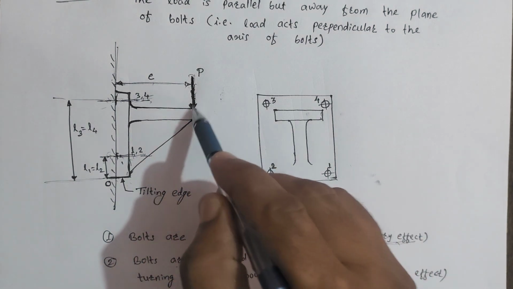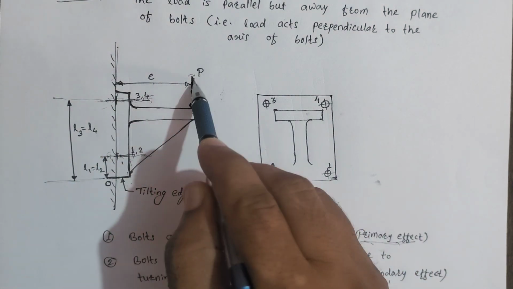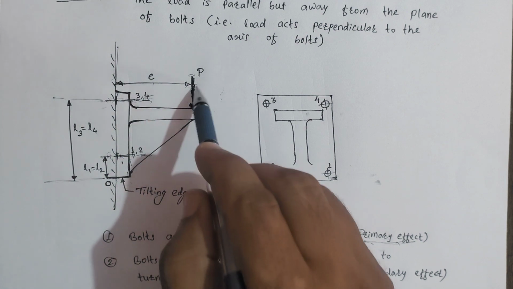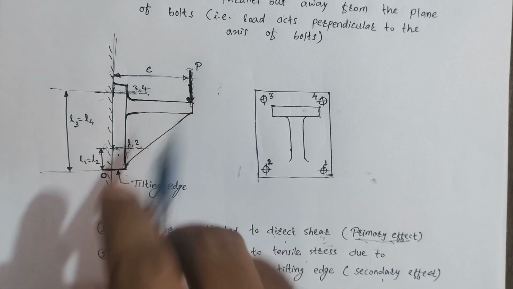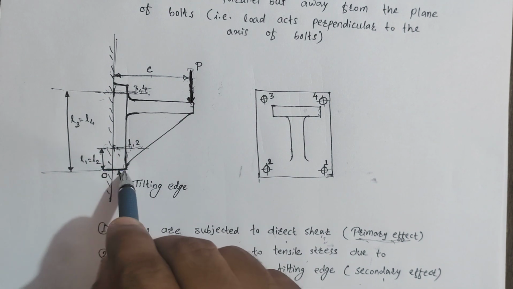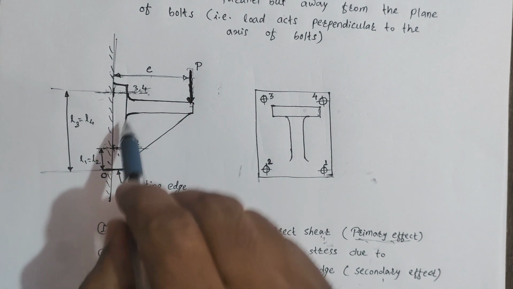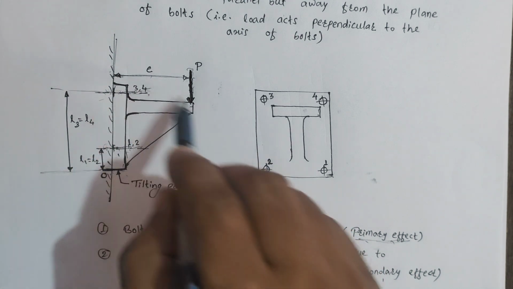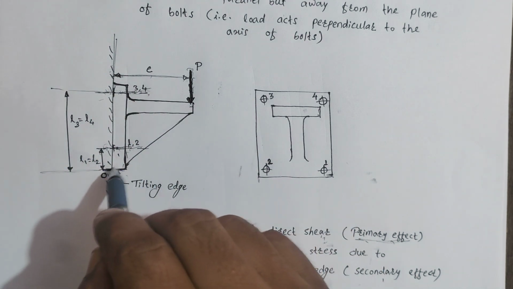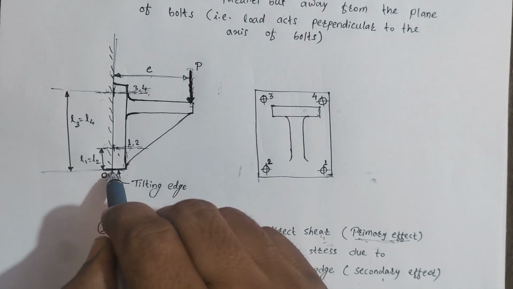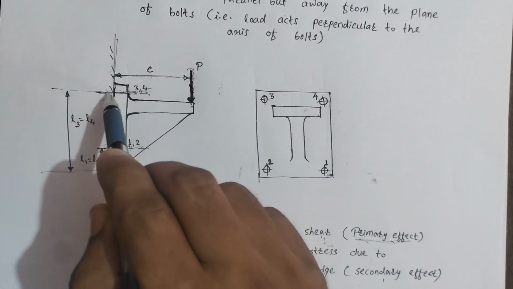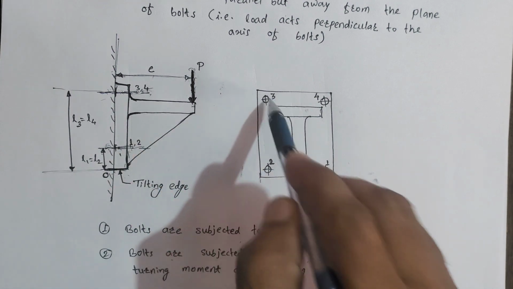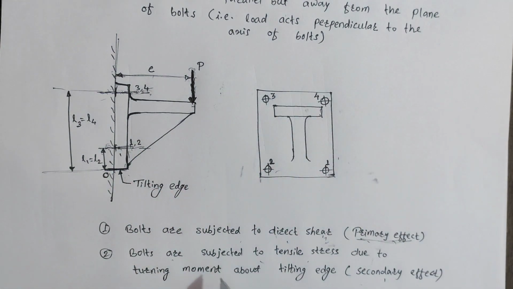Secondary effect is because the load P is acting at some eccentric distance, and the load P will try to rotate the whole bracket with respect to this point O. So due to this, bracket will try to turn about point O, and it will produce some moment, and because of that all the 4 bolts undergo tensile stress.